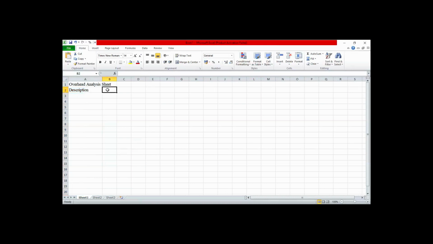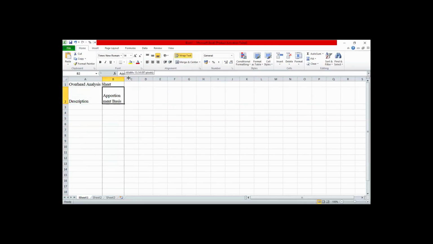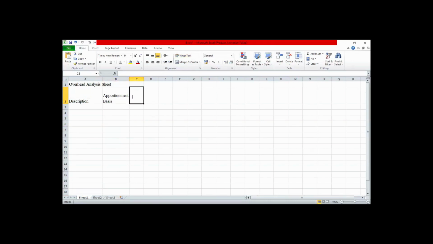After description, we have what we call apportionment basis. The next one, apportionment ratio.